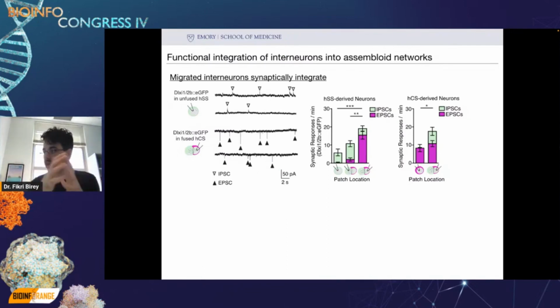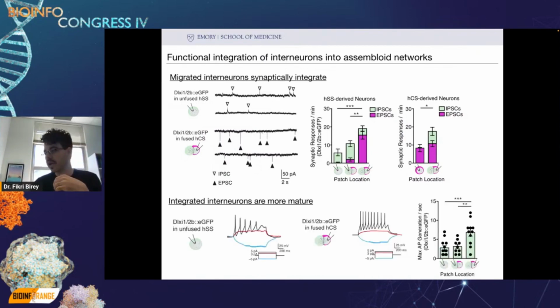But he saw a sizable percentage of the excitatory neurons in an assembloid receiving these inhibitory postsynaptic currents. So there was this bidirectional crosstalk synaptically that we observed that told us that, okay, these are probably really integrating and synaptically connecting, which is what you would expect as the next step in their developmental journey.